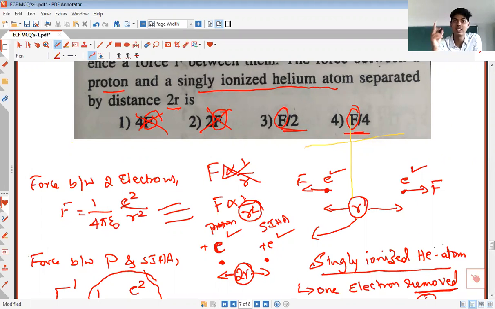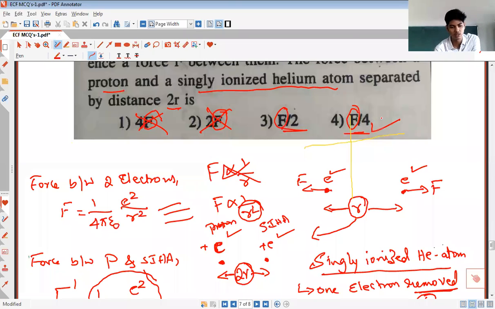If the distance has doubled, the force should decrease by 4 times, not 2 times, because force is inversely proportional to the square of the distance. So you can directly choose this answer, F by 4. This comes with practice.